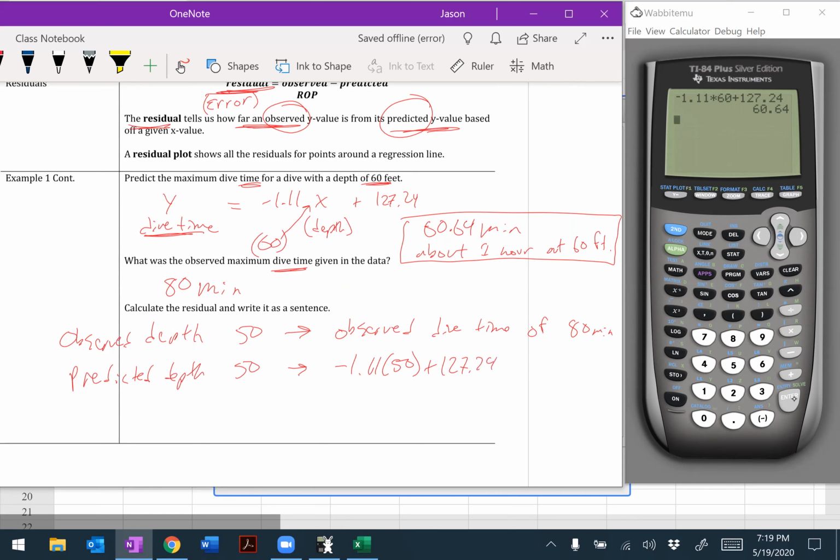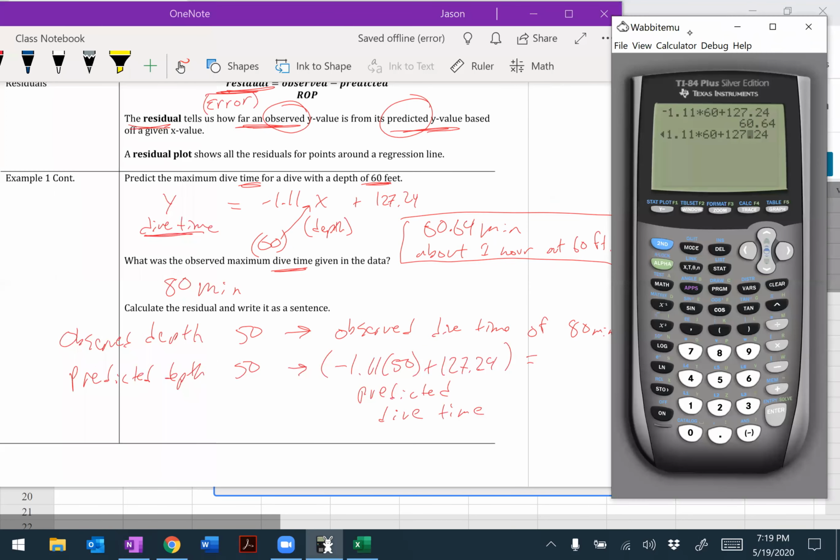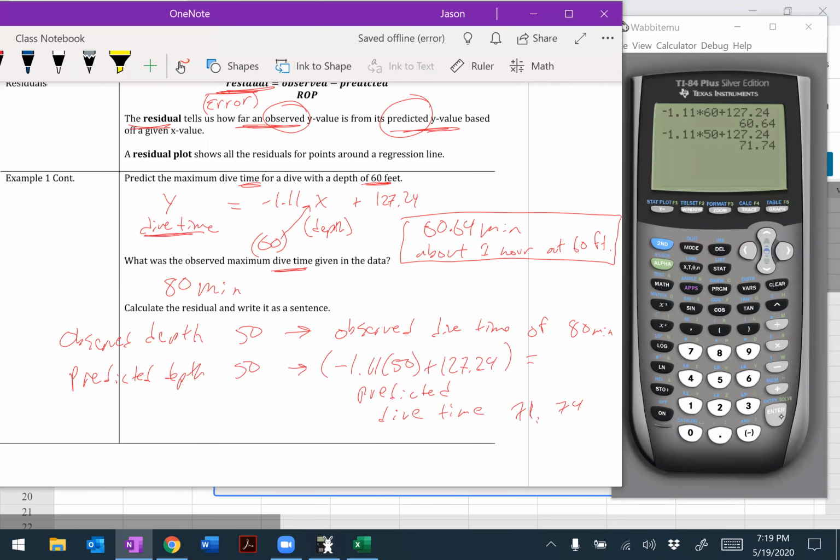So this should be my predicted dive time, which is equal to what? Let me steal this from above and just put in 50 instead of 60. Okay, and it says that it's about 71.74.